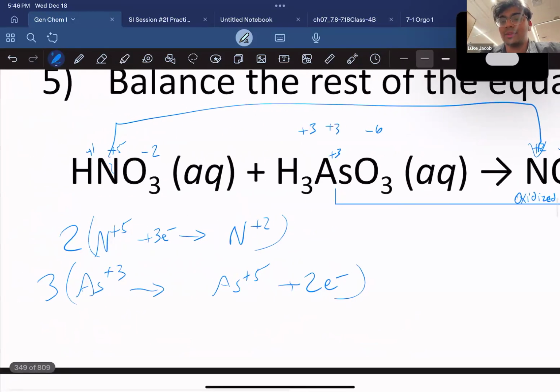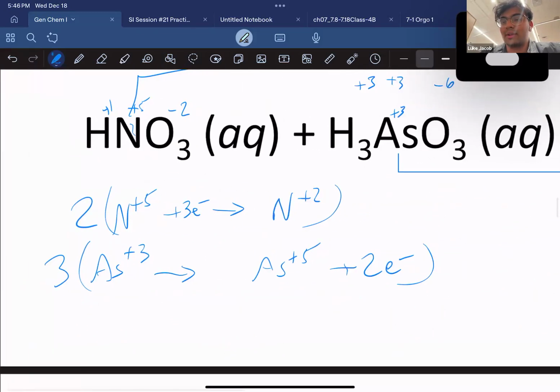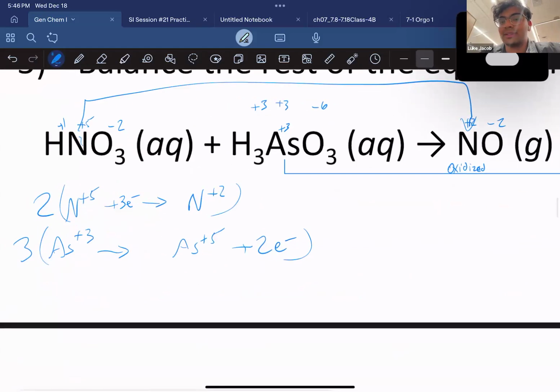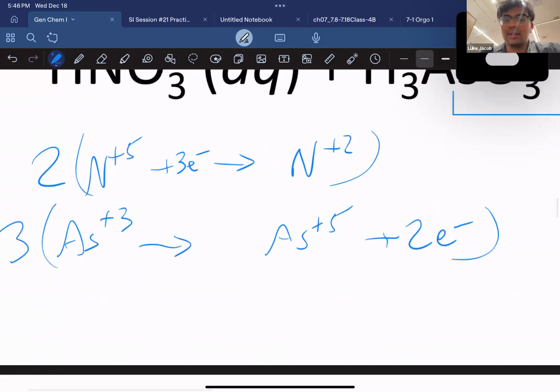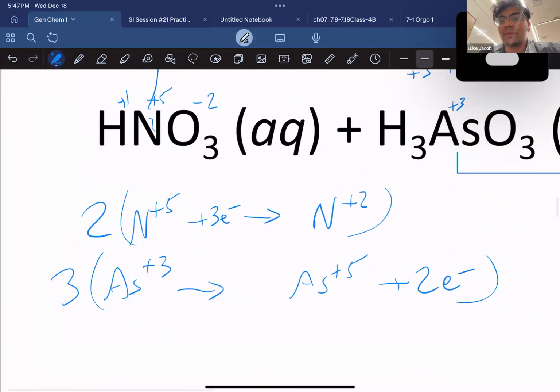So that means that it's getting reduced, so it's gaining electrons. So essentially, the N +5 is combining with 3 electrons to become N +2. And the same thing goes with arsenic, except now that's losing 2 electrons. And the way to make sure you're doing this properly is to make sure the charge on both sides is equal to each other. All right.